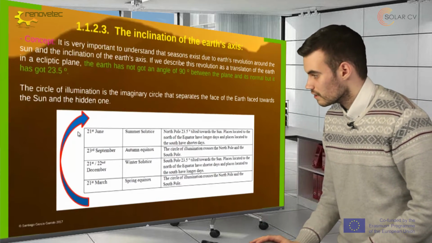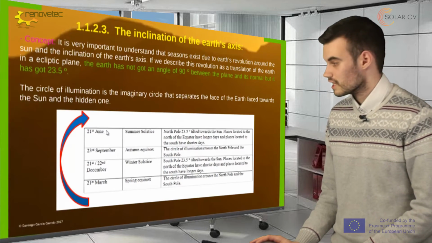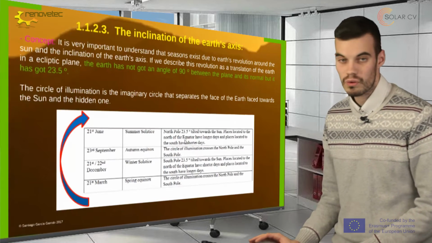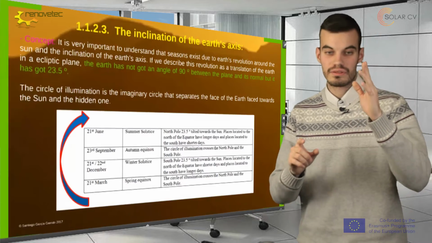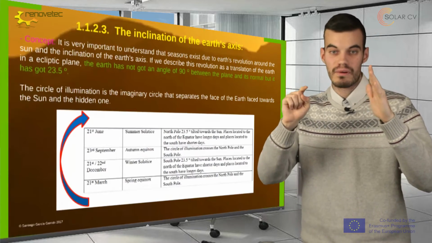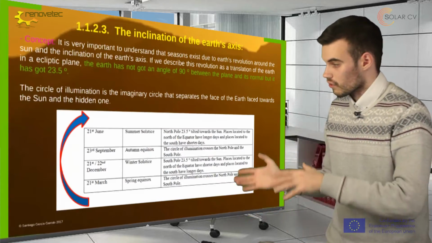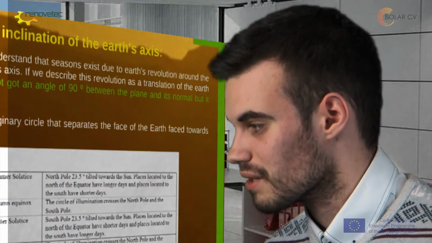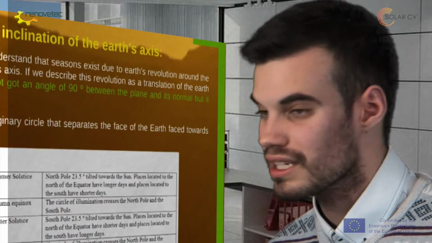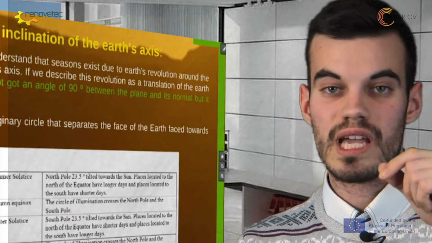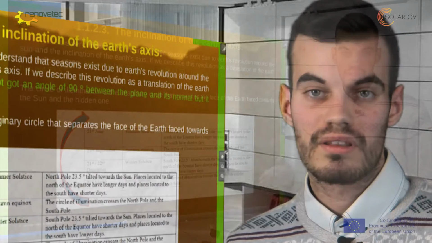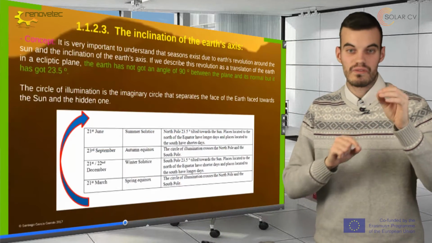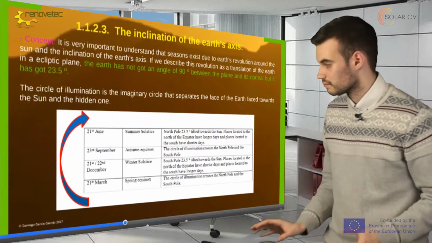As we can see, on 21st of June is the summer solstice, and the North Pole has 23.5 degrees toward the Sun. On the other hand, on 21st, 22nd of December, we have the winter solstice, and it's the opposite, because the South Pole has 23.5 degrees toward the Sun.